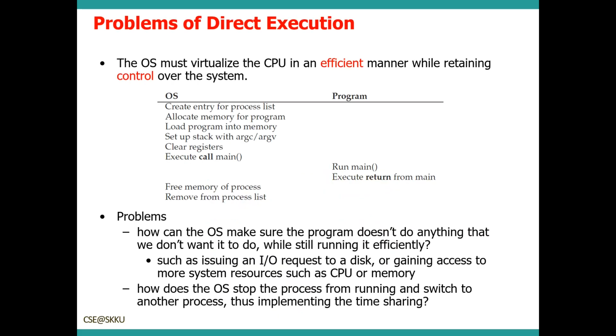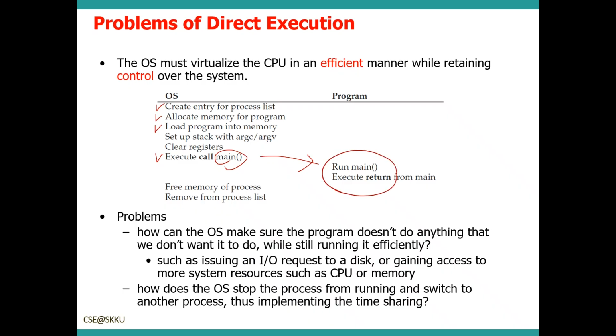When the OS wishes to start a program running, it creates a process list entry, allocates some memory, loads the program code into memory, locates its entry point such as the main function, jumps to it, and starts running the user application.